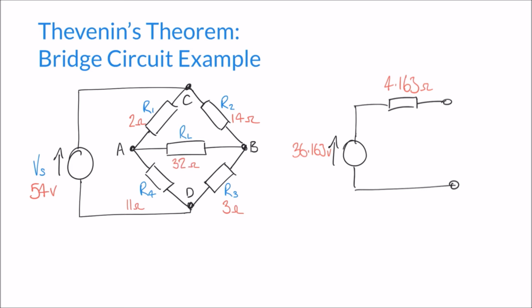So the last thing we'll do is calculate the current that's going to flow in this circuit with this load resistor present. And remember, the current, if this circuit was balanced, should be 0. So let's apply our load resistor just as we've done in the original diagram there. Across the terminals we've now got RL, our load resistor, which we said was 32 ohms.